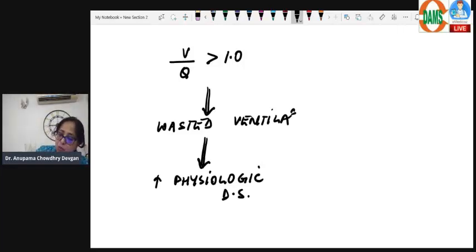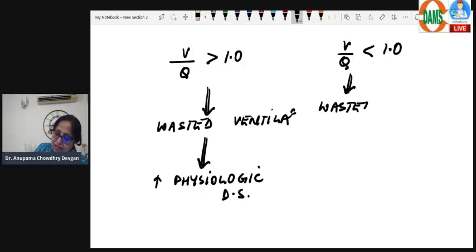Now let us understand, what do you understand by the VQ ratio less than 1? It means that the ventilation is less than the perfusion. Numerator is less than the denominator, right? So this is a wasted perfusion. Perfusion is in excess of the ventilation.